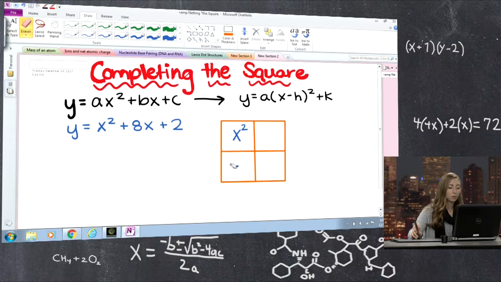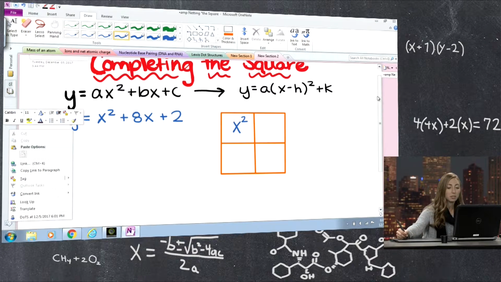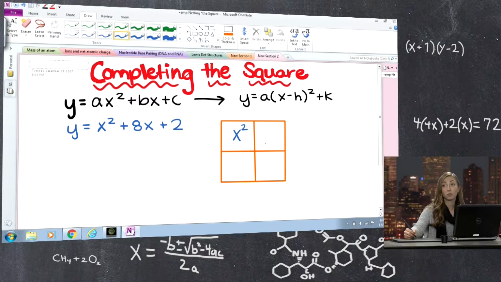And so we're still going to put it there, but what we want to do is split it evenly, because we want our square here to actually be a square, not just a regular rectangle. And a square, what we know is that all sides are equal. And so we need what goes in these two boxes to be equal in order for it to be a perfect square.